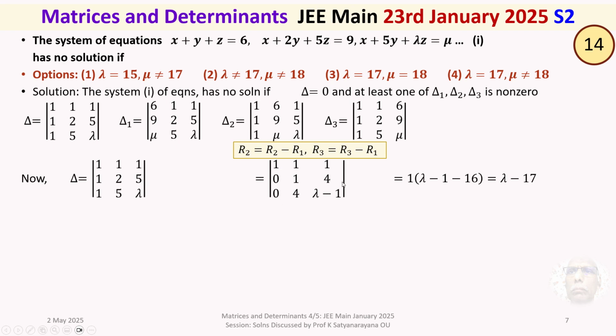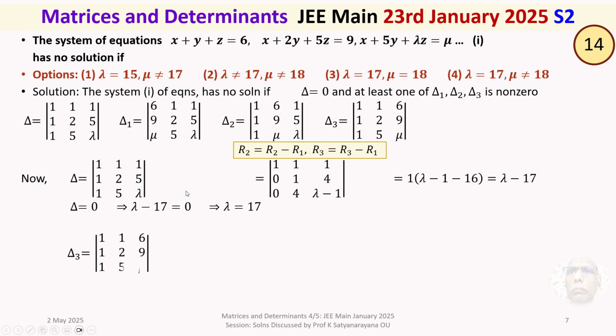Expand the determinant by its first column and simplify, and you will get lambda minus 17. Now delta equal to 0 will imply lambda is equal to 17. Agreed. To evaluate the determinant, you can also work it out without the elementary row operations, and you will still get this.